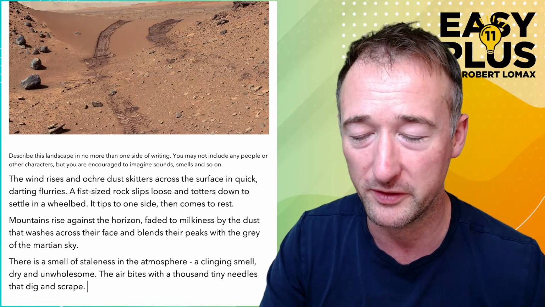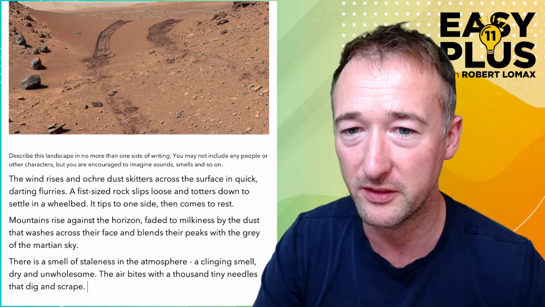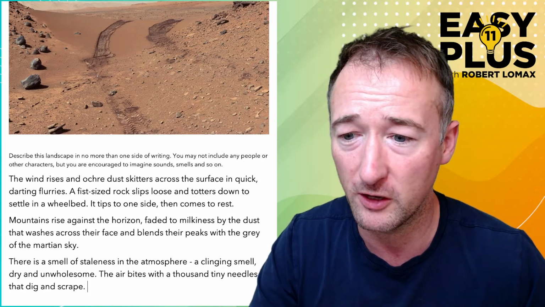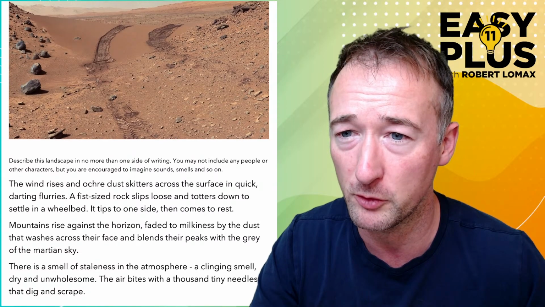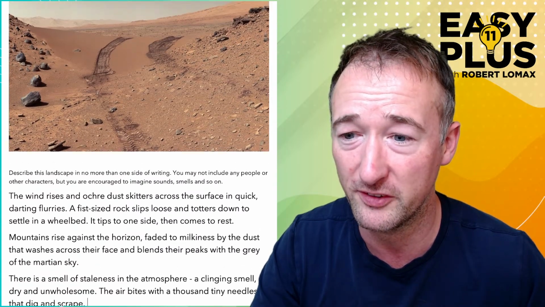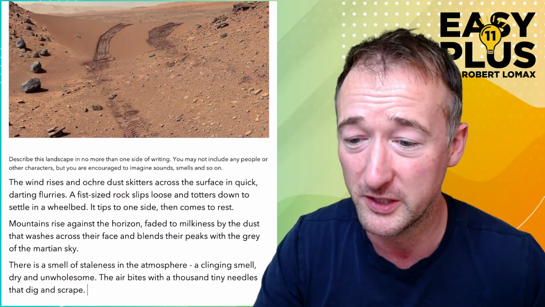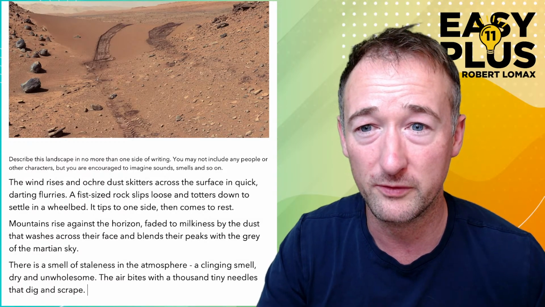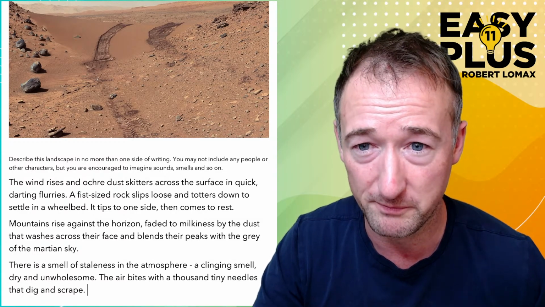Okay, now what can I do with this? I've covered many of the things I might want to talk about. I could talk about the colour of the rocks a bit more, but I've spoken a lot about dust and dryness and the overall appearance of the landscape. I've talked about the mountains in the distance. This is where another very useful technique comes in, which is that you can allow your scene to move through time.